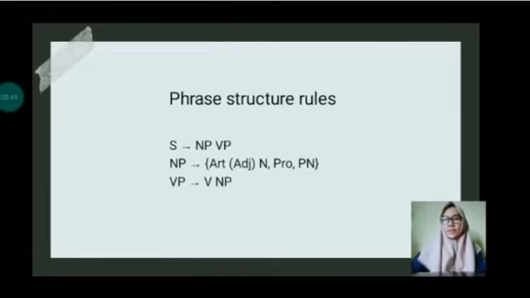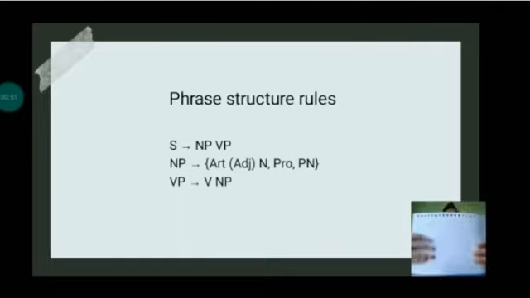For phrase structure rules, we can use a diagram or tree diagram, for example like this. Sentence consists of noun phrase and verb phrase. And noun phrase consists of articulation and noun.